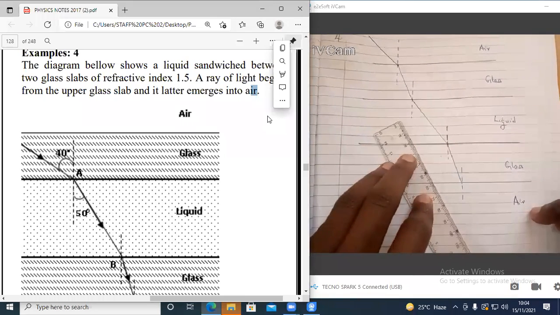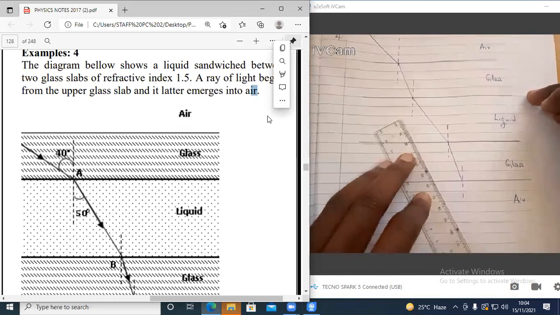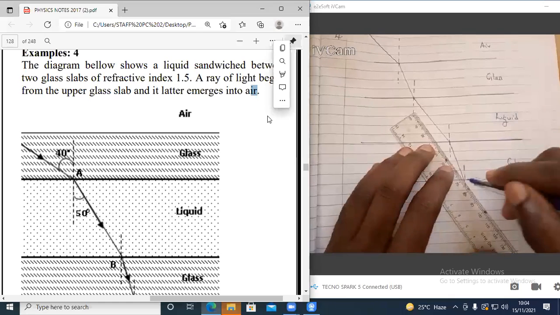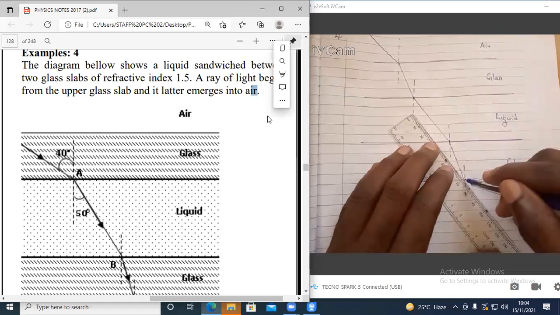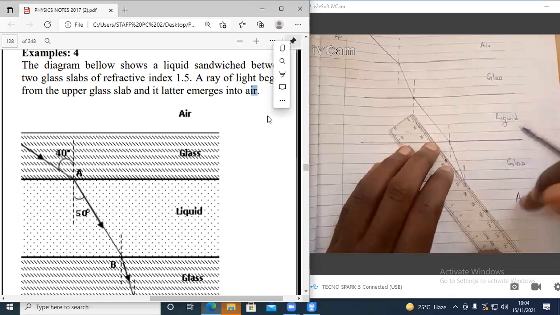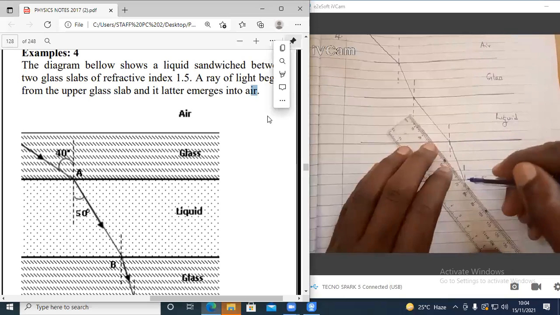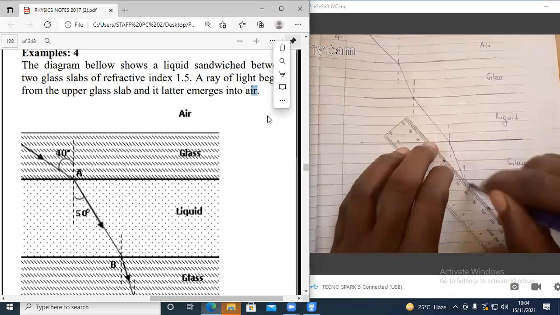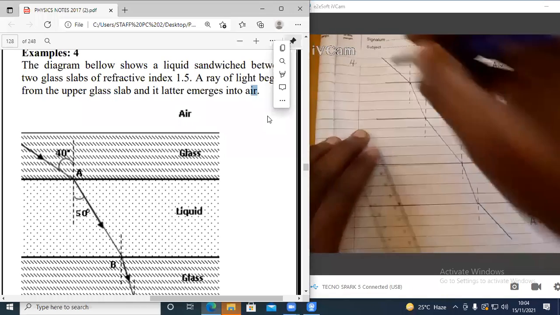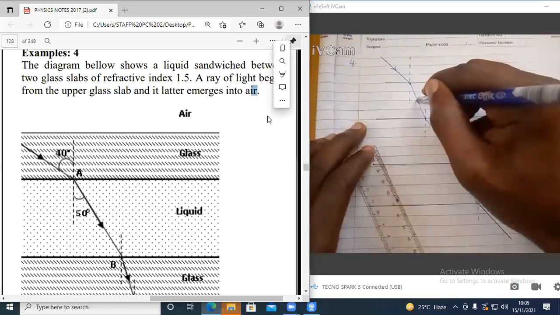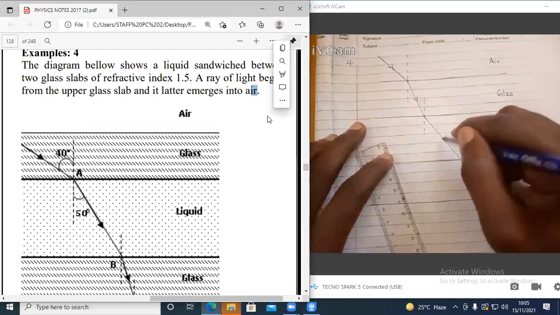Is it going to be away from the normal or towards the normal? Away from the normal, like that. So this is our ray diagram.